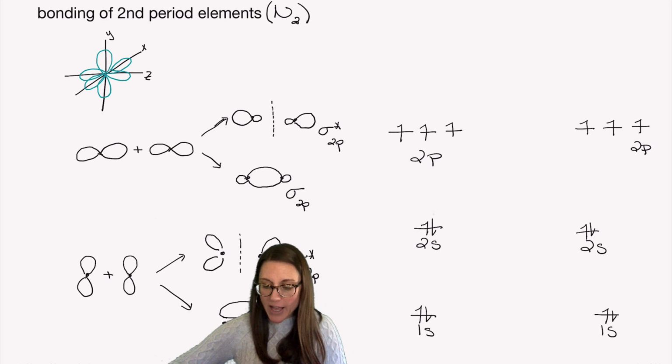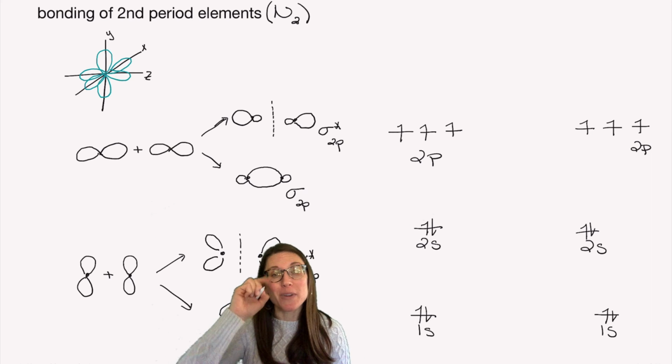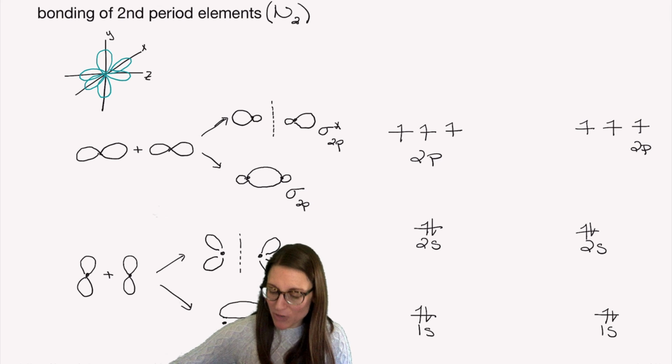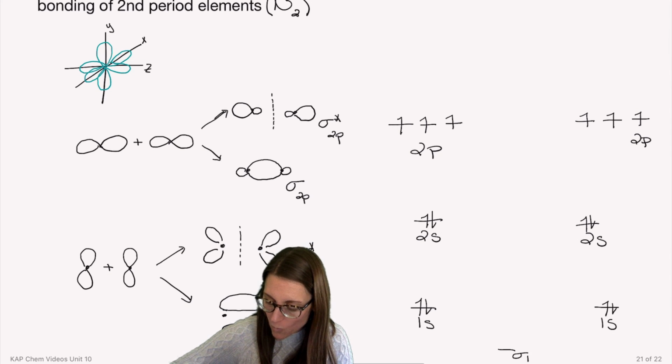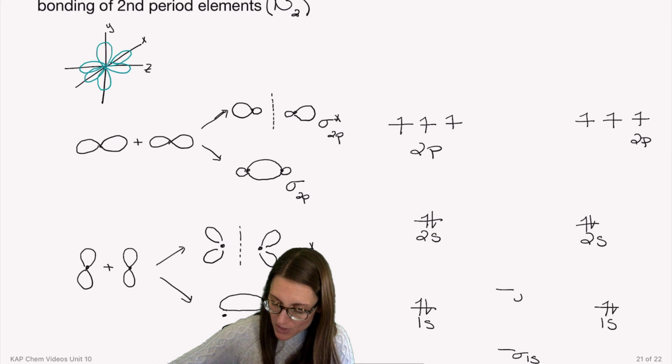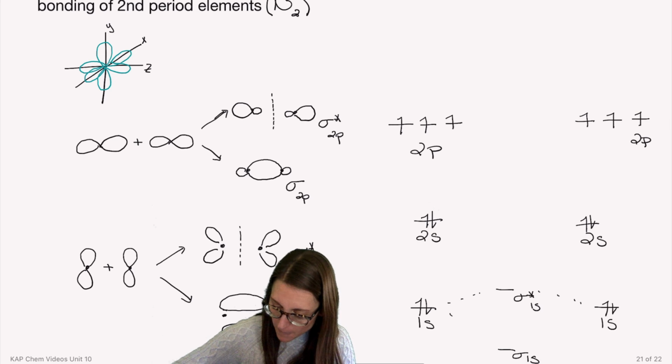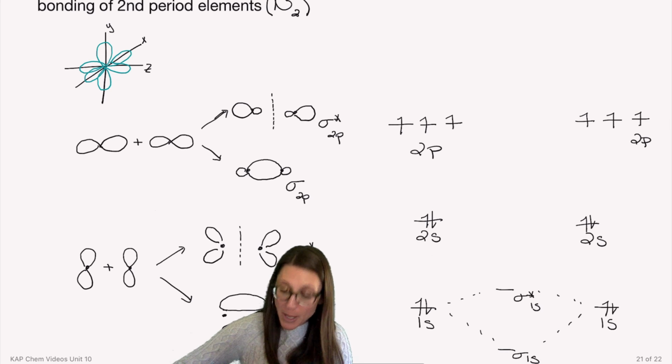Okay, here we go. Time to overlap constructively and destructively. My 1s orbitals are going to overlap, forming a sigma 1s and a sigma star 1s. Okay, my 2s orbitals are going to do the same because s orbitals always overlap in a head-on way.